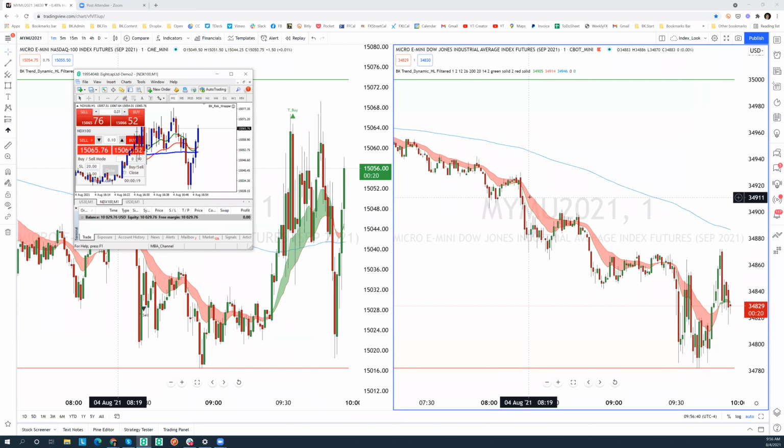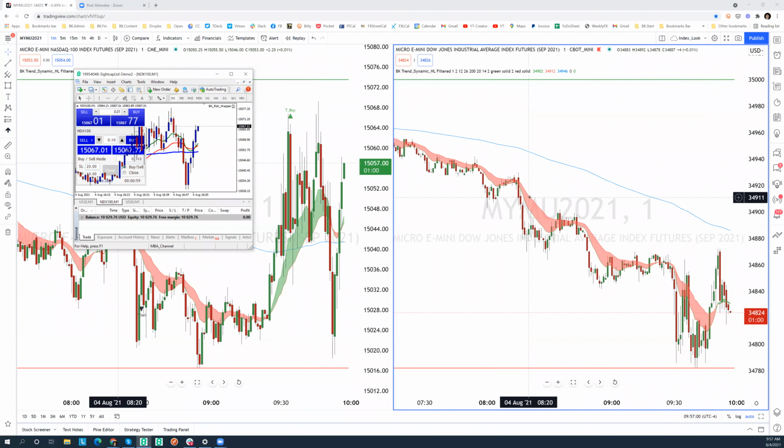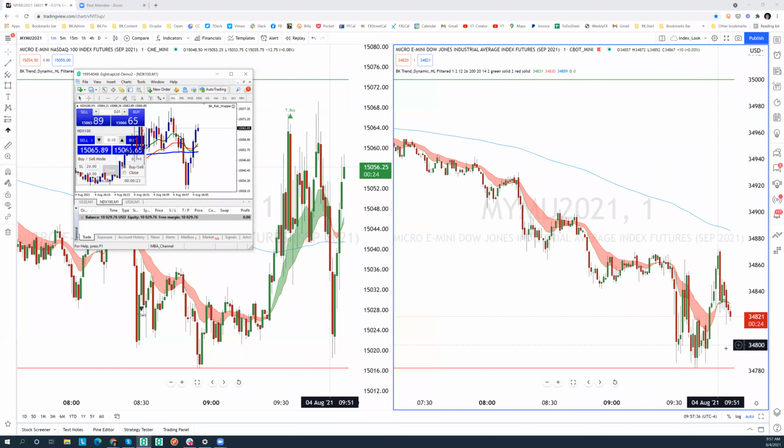Nobody can break the range. Dow clearly has a downward drift here.